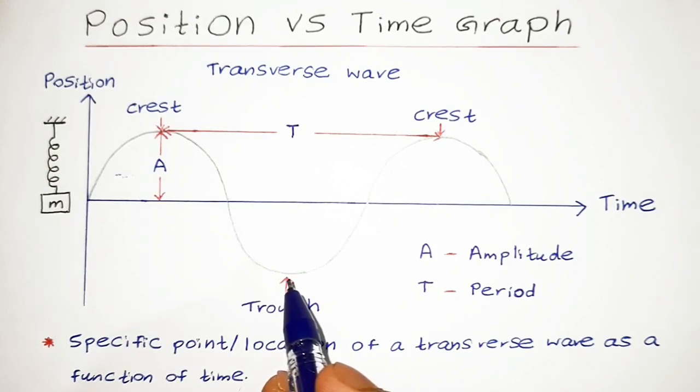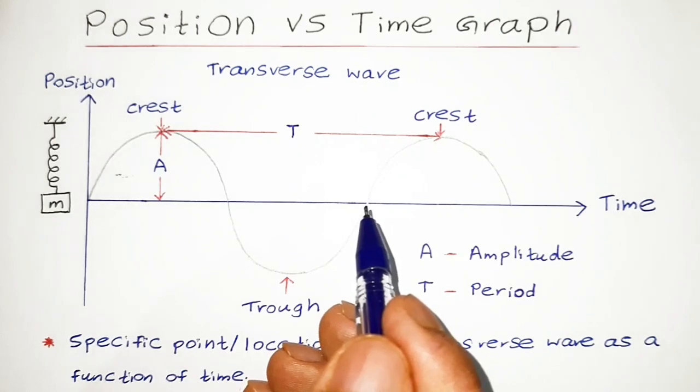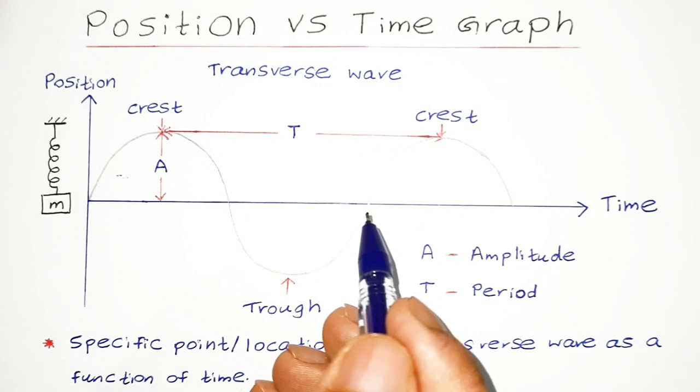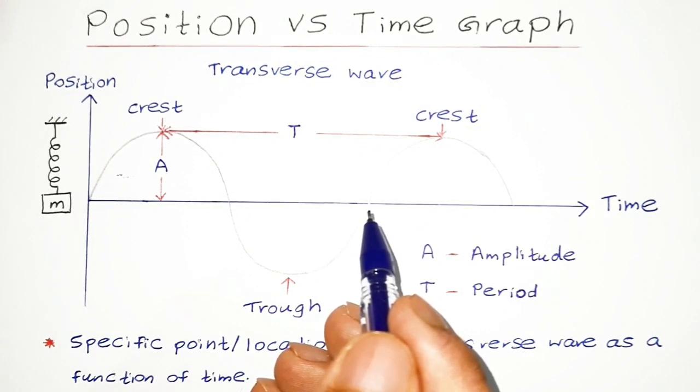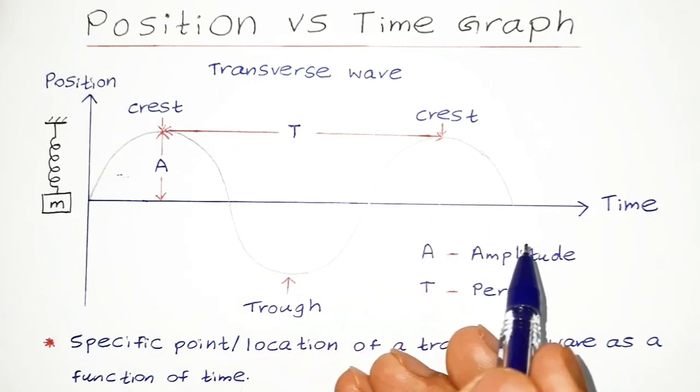At this position it would have the maximum downward displacement, and back again it would move to the equilibrium position. So at this moment the particle is at the equilibrium position. The up and down simple harmonic motion continues, thereby the graph continues in the following manner.